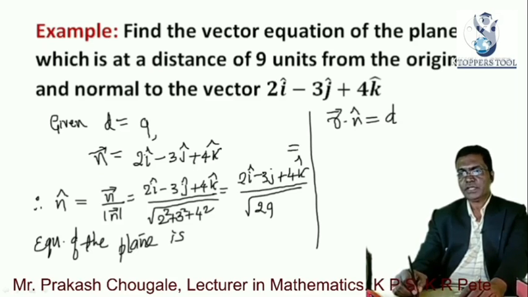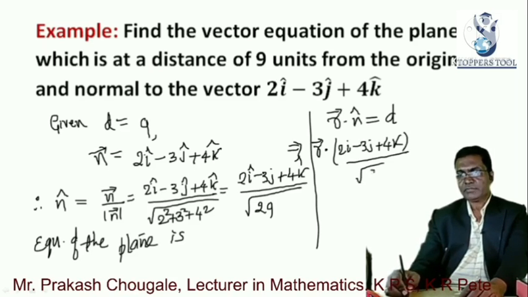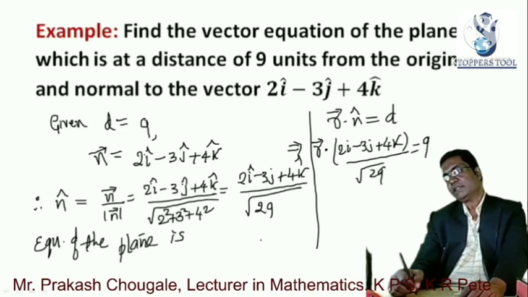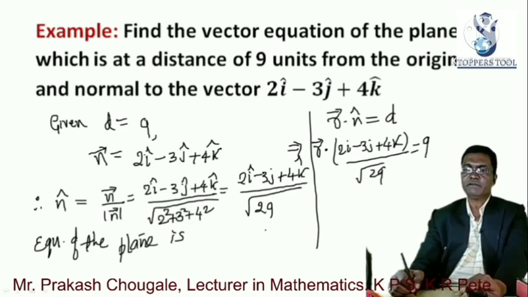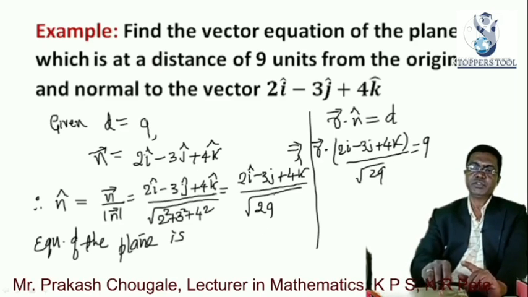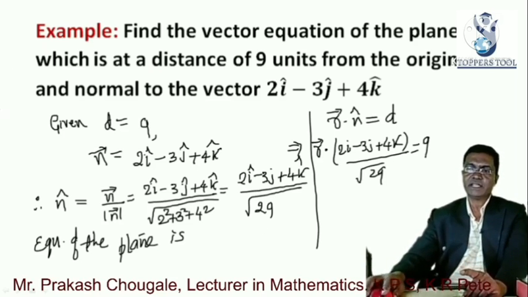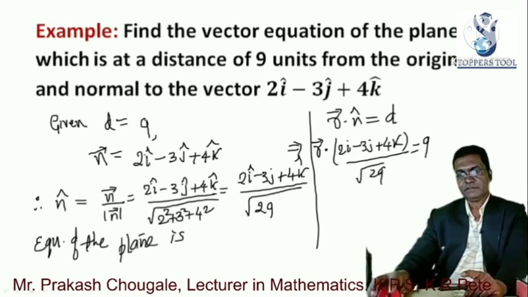Just substitute here: vector r dot (2i minus 3j plus 4k, you can write cap also) divided by square root of 29 equals 9. So in this way you can find the equation of a plane from the given distance and given normal vector.